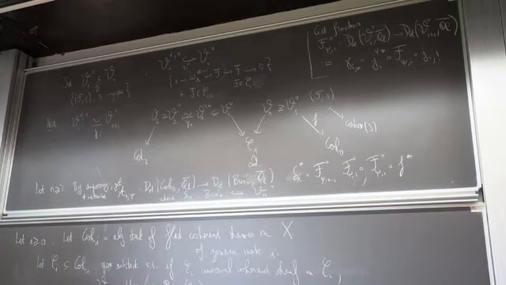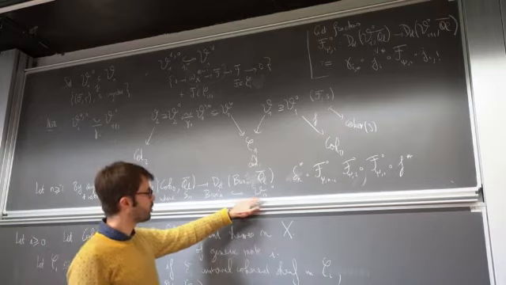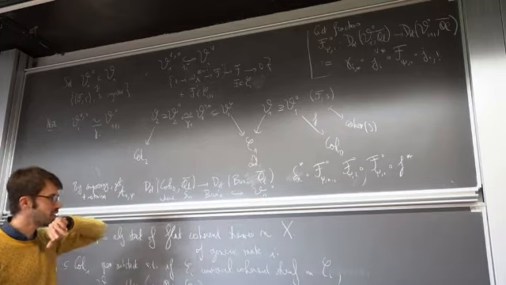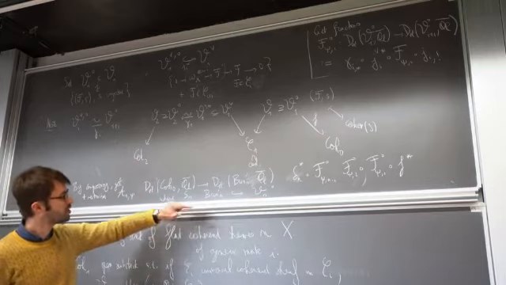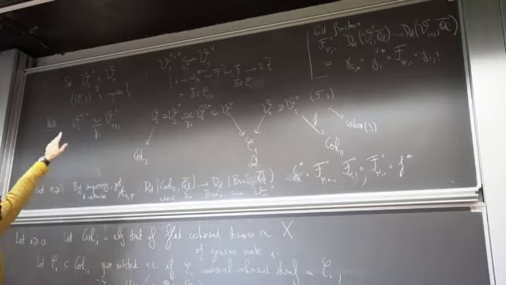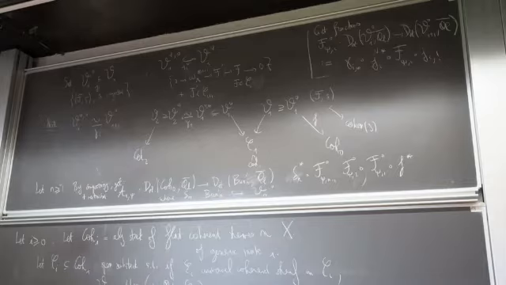I recall that one prime n is an open substack inside V_n naught, where the flat coherent sheaf of generic rank n is actually a vector bundle, so it's locally free.